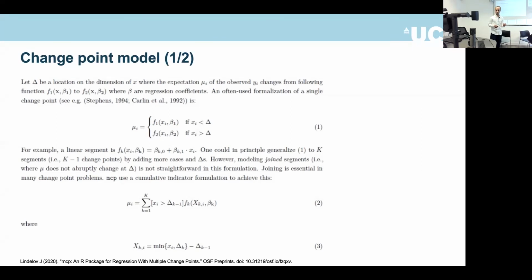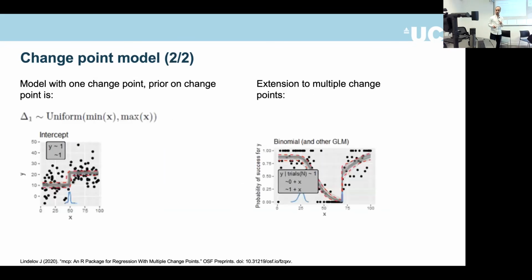And to do that, we can use what is called a cumulative indicator formulation. Overall, this leads to this sort of model. On the left-hand side, you've got continuous data. The x variable is between 0 and 100. We've got a uniform distribution on the location of the plateau between the minimum and the maximum of x, and it's the same model with an intercept.